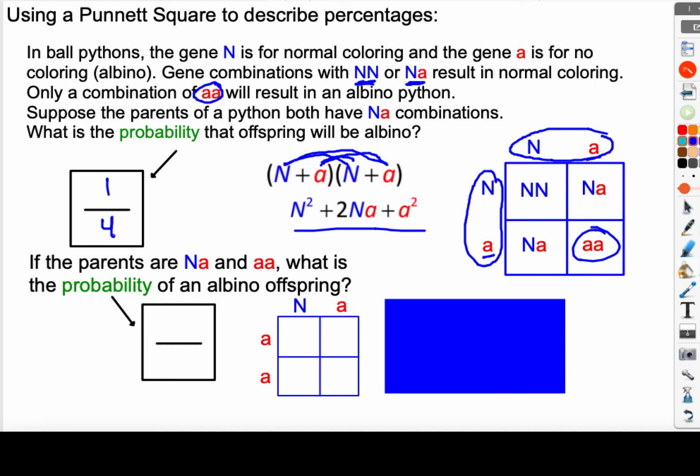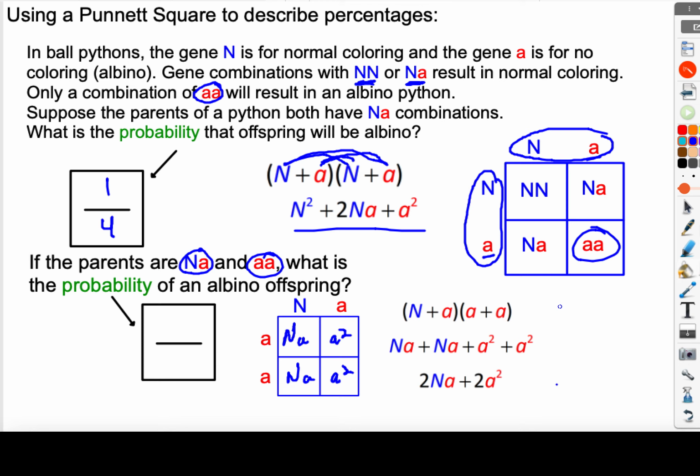Now we can play around with that a little bit. What if we've got one parent that has both genes and one parent is already an albino snake? Well, in that case, we're going to get NA. We'll have another A squared here, another NA, and an A squared. Or basically, we could do that mathematically, foiling out NA and AA. But in the end, that means we have even more chances.